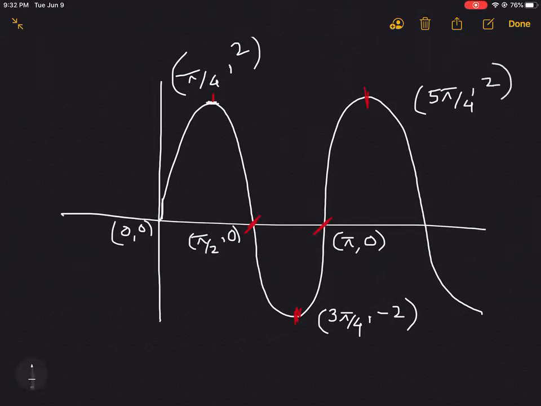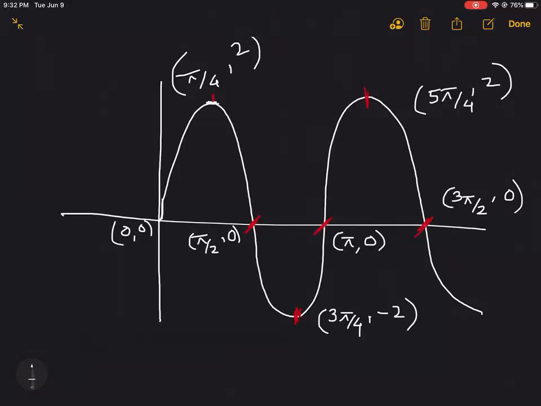I'm just first setting up the question, and then we'll continue from there, okay? And the next one, this is (3 pi over 2, 0). Okay, so that's our graph.